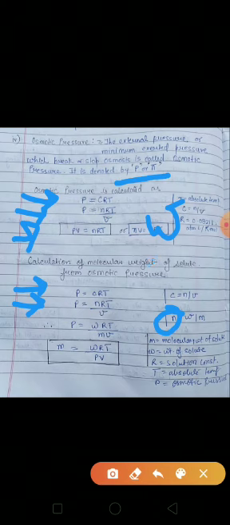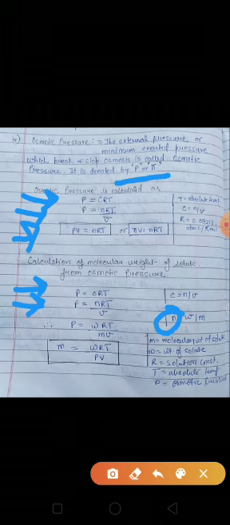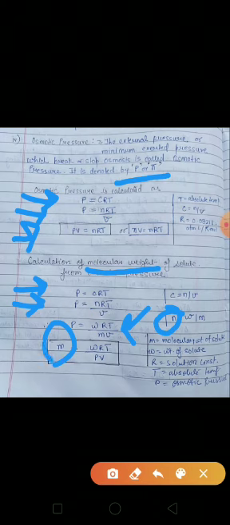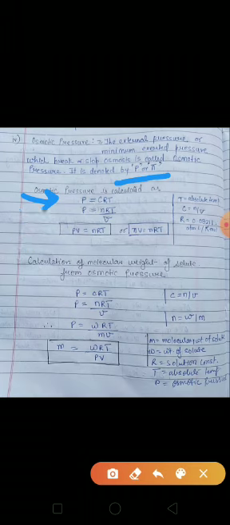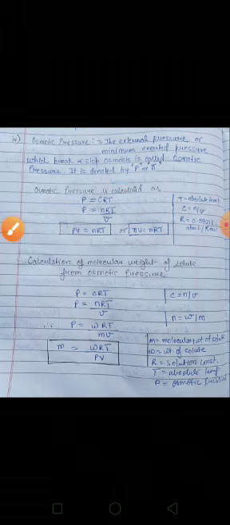Putting the values here, P = (W/M)(RT/V), and now we have to calculate the molecular weight. So molecular weight can be calculated as M = WRT/PV. So this is about osmotic pressure and the calculation of the molecular weight of the solute from osmotic pressure.